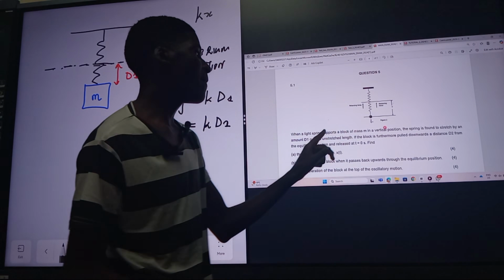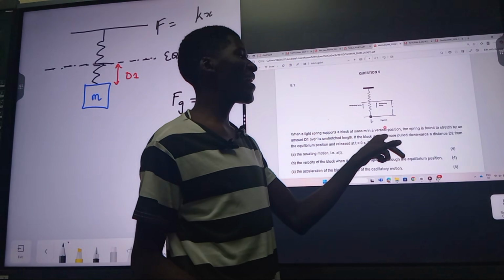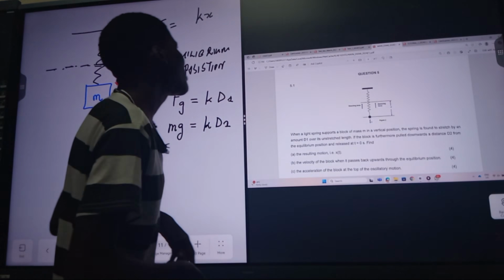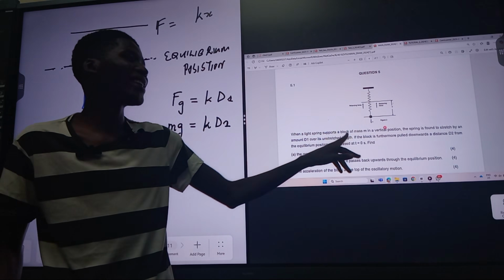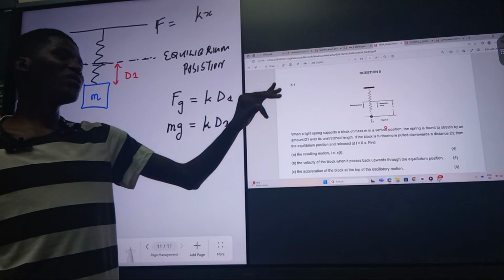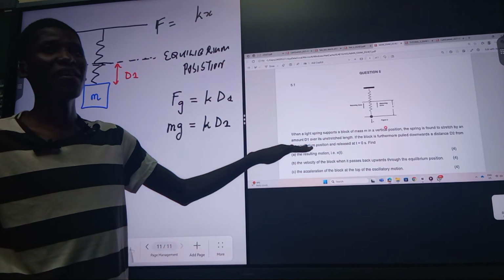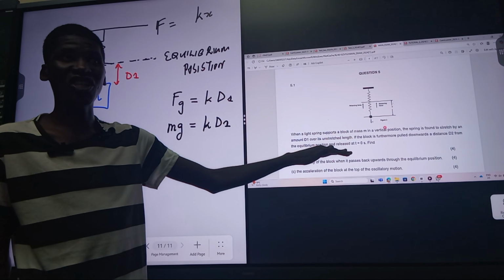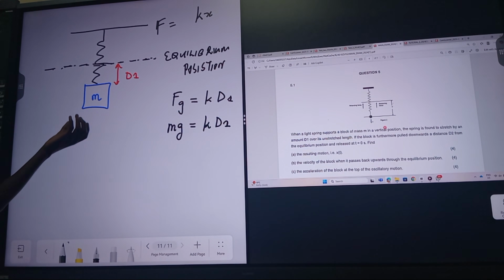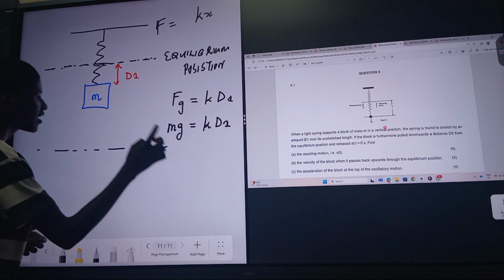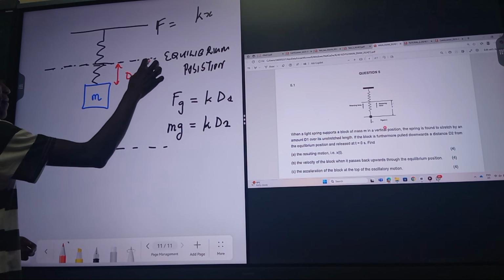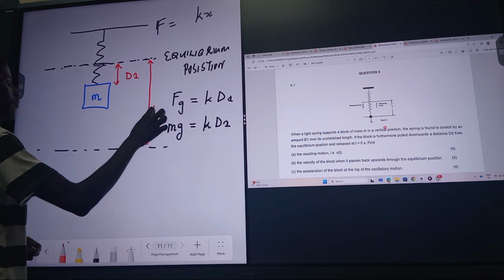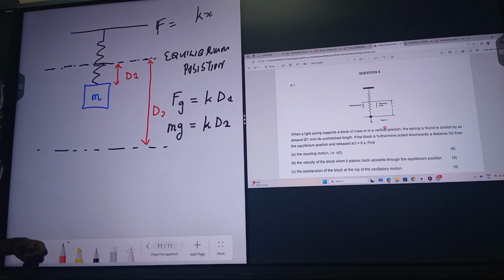And now they say the block is furthermore pulled downwards. I'm going to further pull it downward from the equilibrium to a distance d2. This d2 is a distance from what? From the equilibrium position. So I pull the mass until it is at a distance d2 from the equilibrium position.